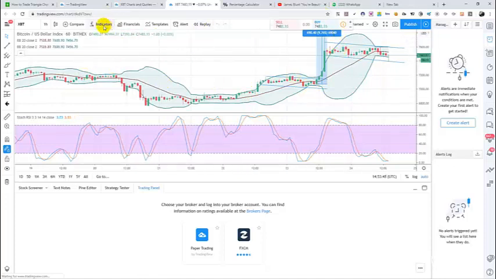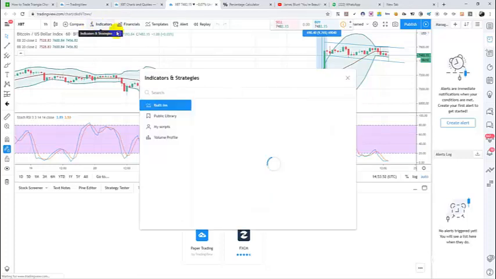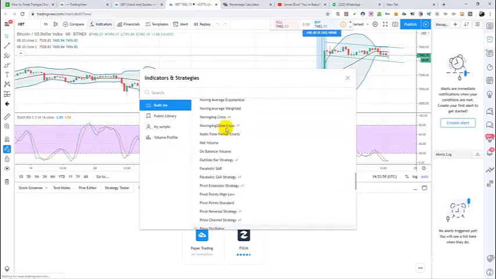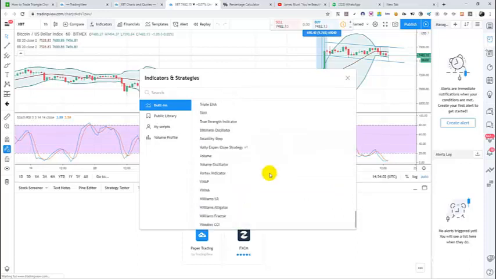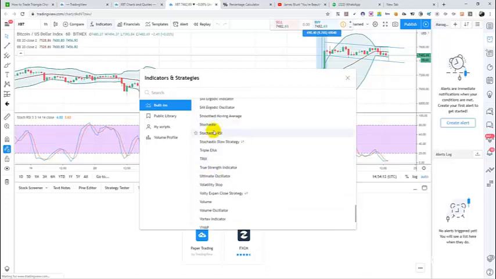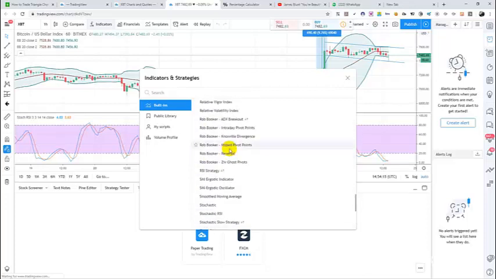There are like 1,000, so many indicators that you can find on TradingView. You can search. Some people even create them. Can you see a whole lot of them? A whole lot of indicators. The relative strength index, that's the RSI, true strength indicator, EMA, stochastic RSI, stochastic, a whole lot of them.